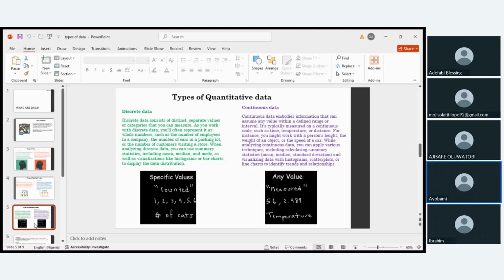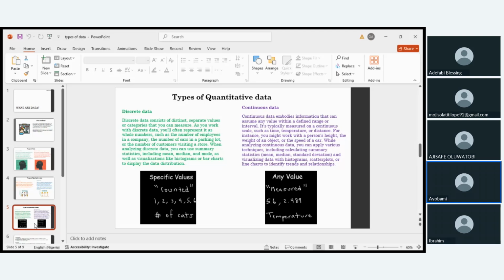I can't ask you to come and count something, and you finish counting and you tell me you have 10.29 or 10.9. How did you go about it? So whenever you have something in decimals, you know you are not dealing with discrete data. You are dealing with the other guy. That's continuous data.